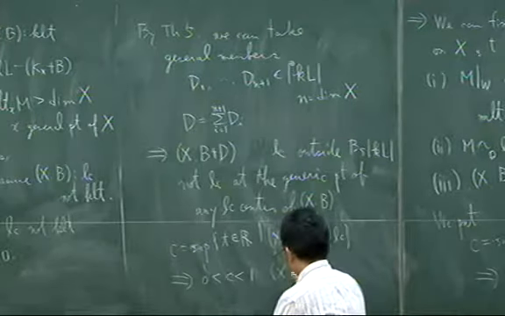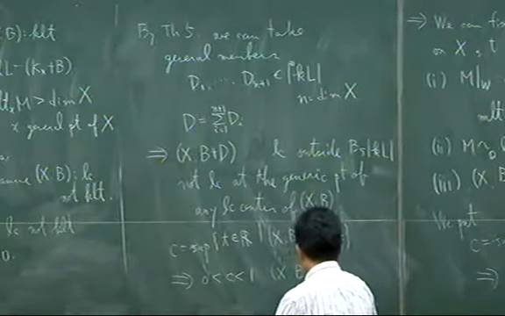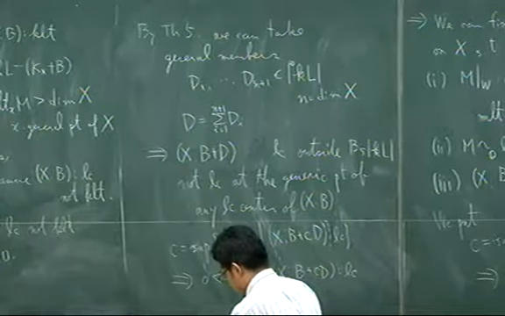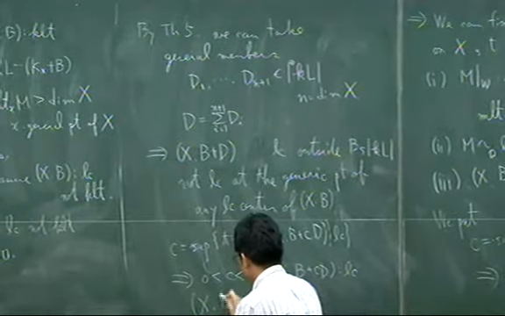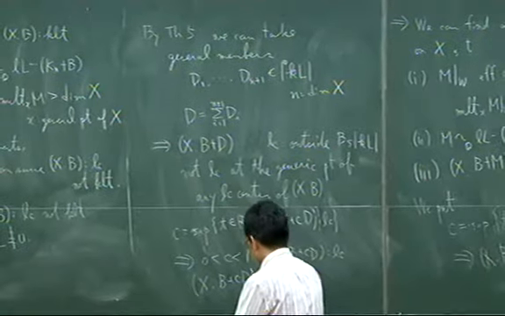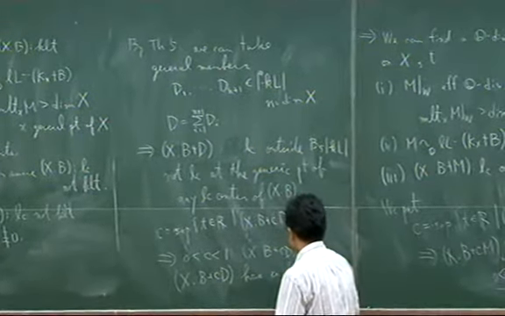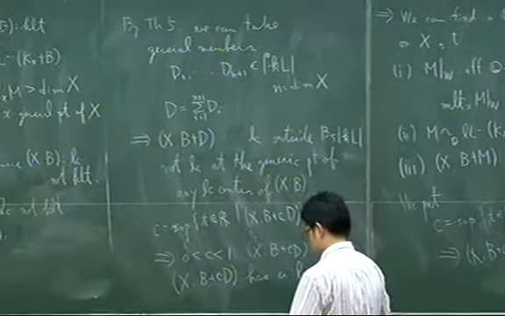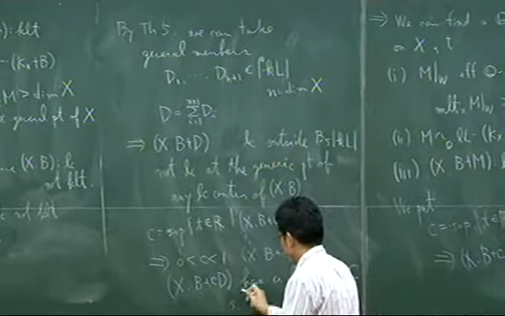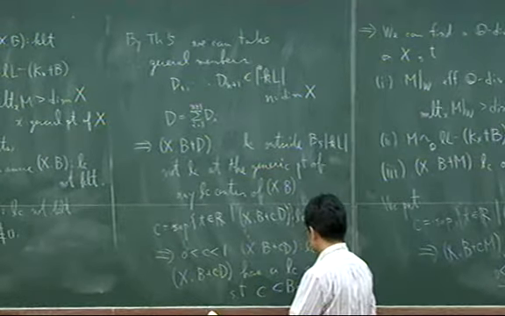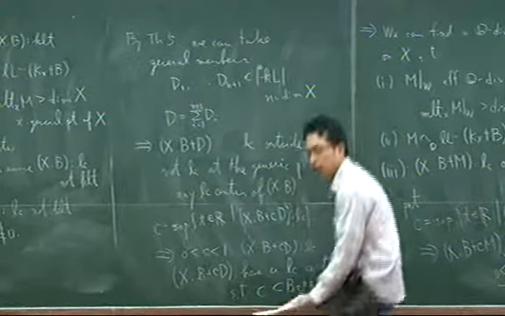So by this, (X, B plus cD) is log canonical, and (X, B plus cD) has a log canonical center C such that C is contained in here.